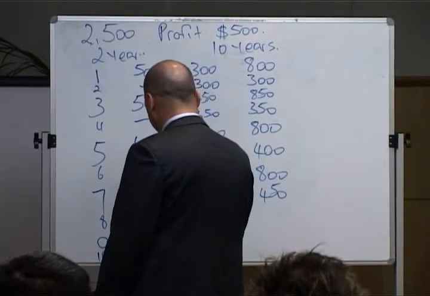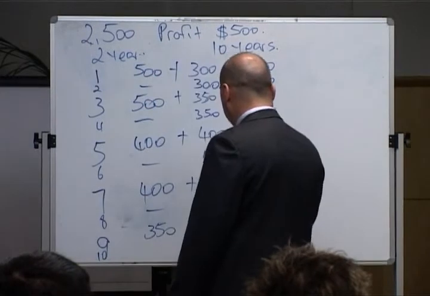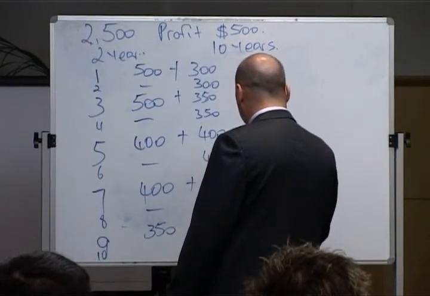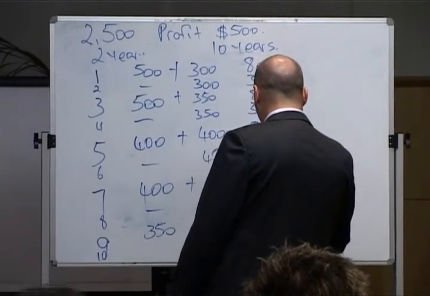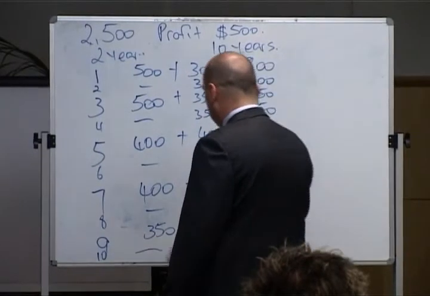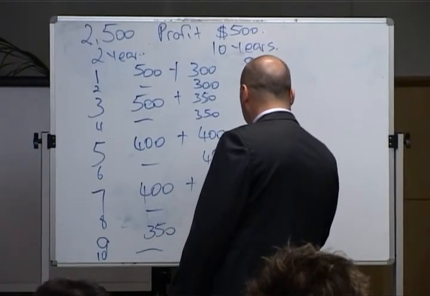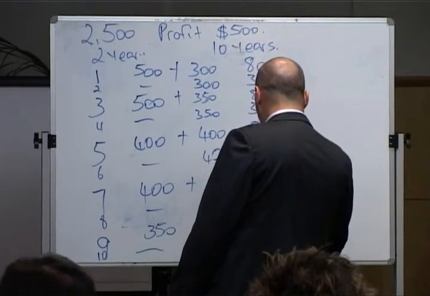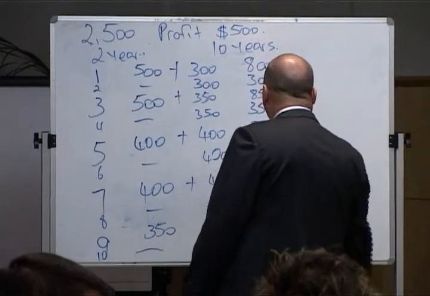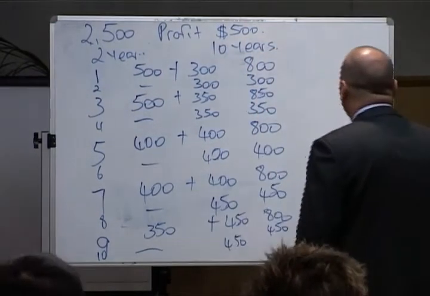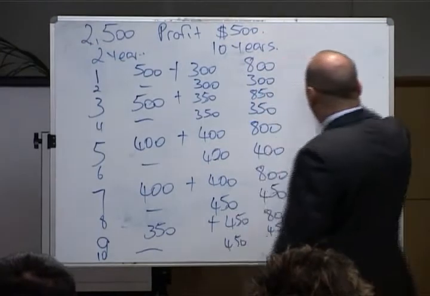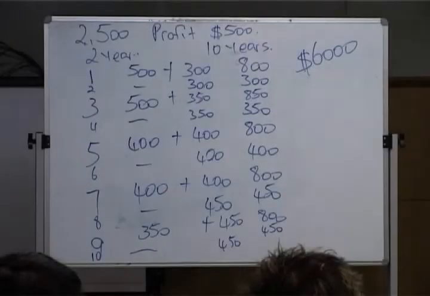Let's say your profit squeezed down to 350 and you're still at 450. 800. No computer this year and 450 again. So what's this customer worth to me? $6,000, okay? What would most people say?